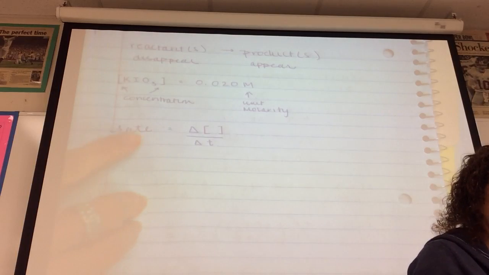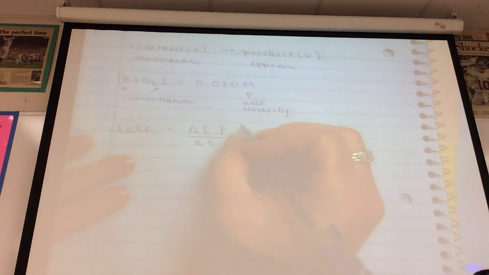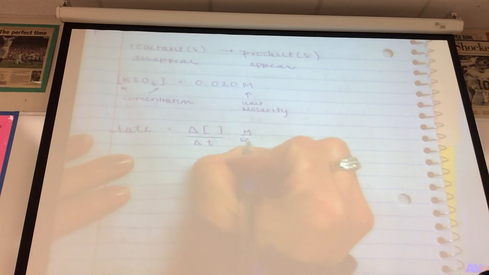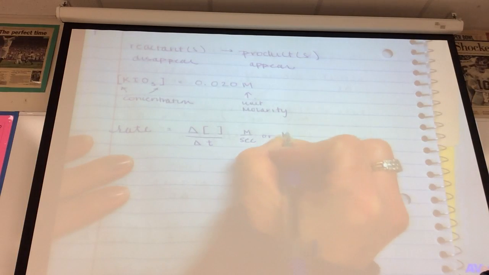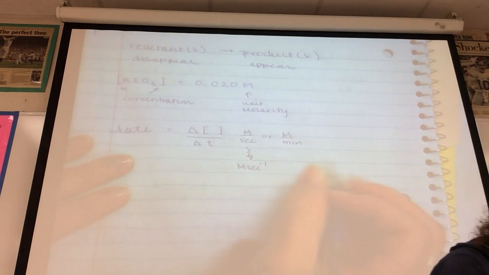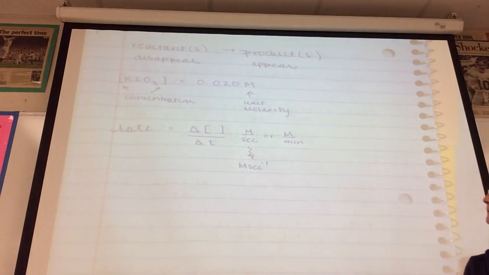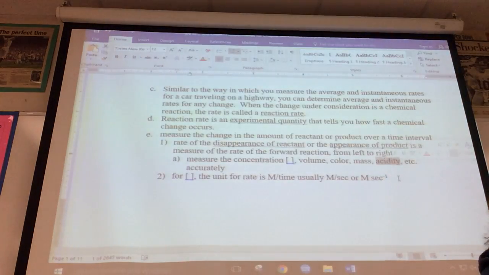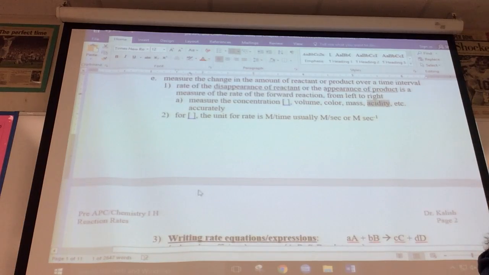And you're going to learn how to write rate equations with the unit here typically being molar per second, or you could have molar per minute. I like to write it this way, although sometimes it is expressed as such. Okay? And that's all in your notes there.